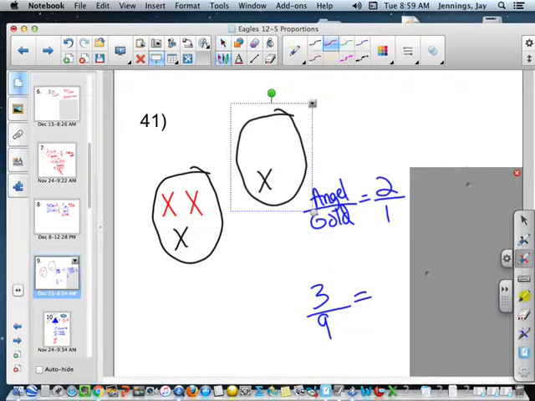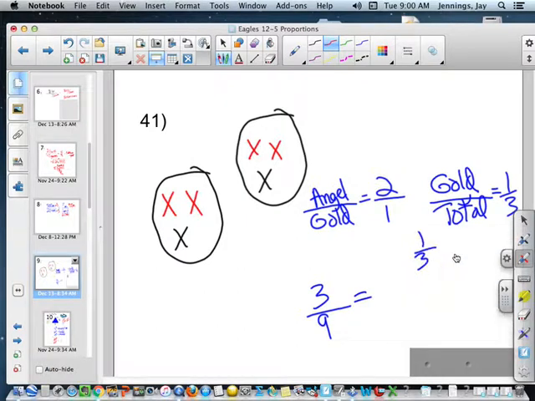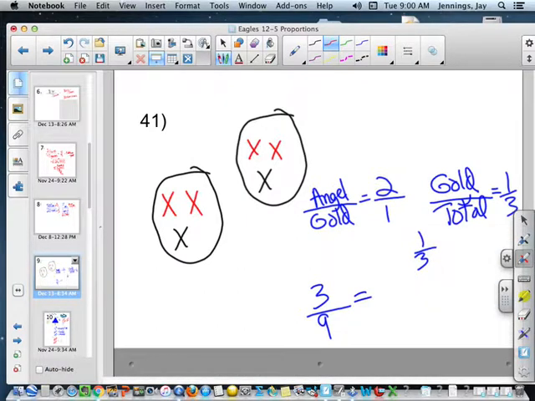And it would be the same basic thing. So then what they're asking is what's the ratio of the number of goldfish, which is the black X there, to the total number of fish. So that would be 1 to 3 or 2 to 6. So it would always work out to be 1 to 3. Okay.